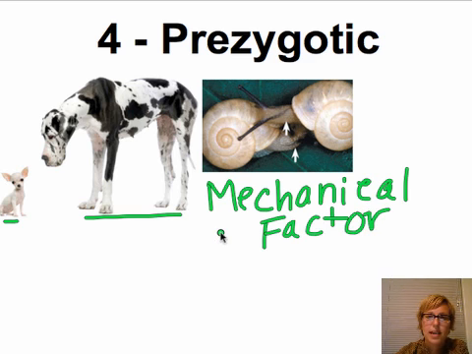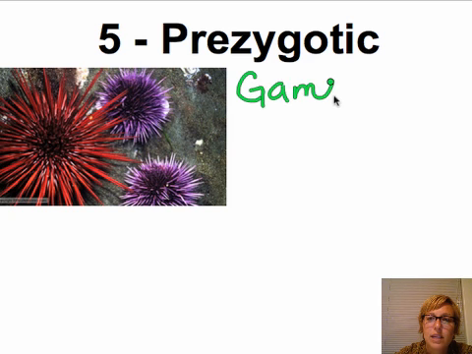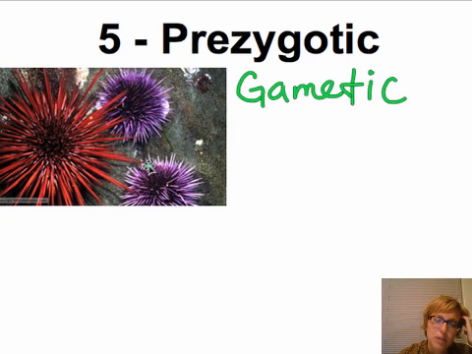Okay, our last prezygotic barrier is a gametic factor. So, gametic, you should think of gametes, which is sperm and egg. And these sea urchins, we have red sea urchins and purple sea urchins. What they do in order to mate is the females basically spray out their egg and the males spray out their sperm.